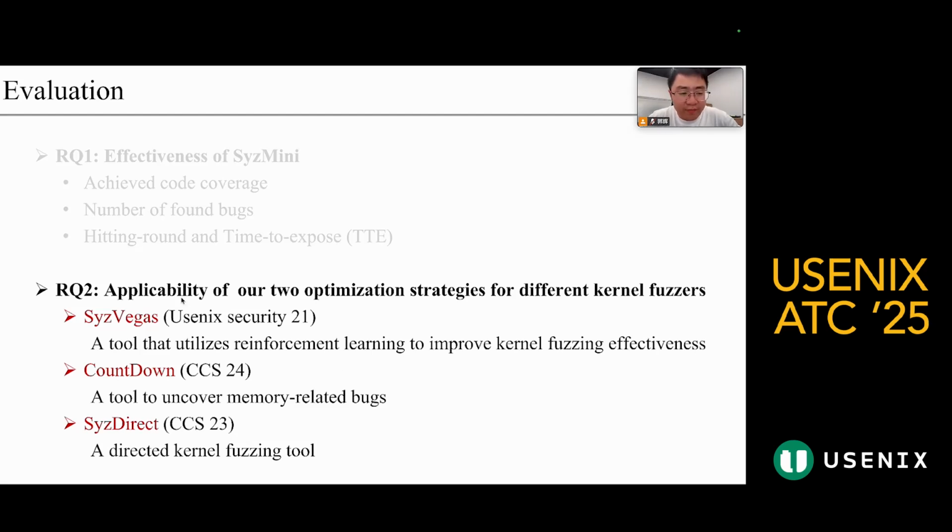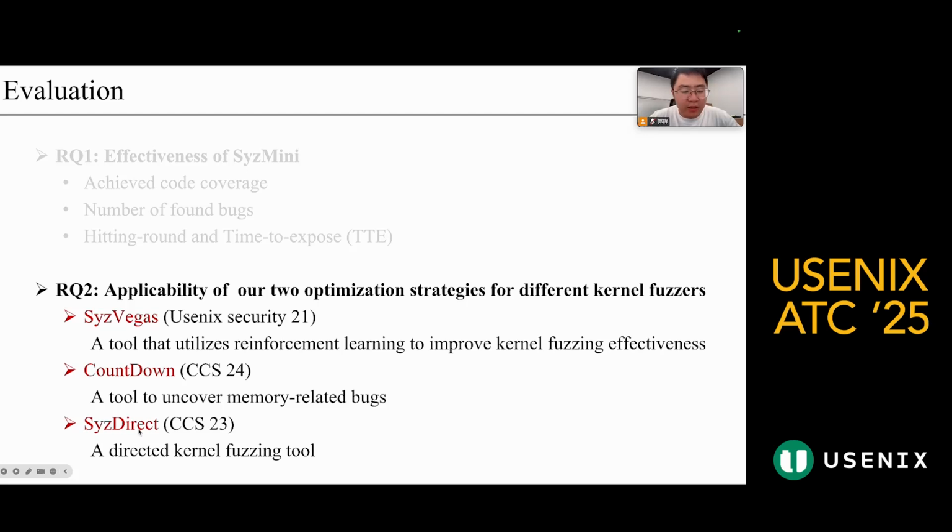We also evaluate the applicability of our two optimization strategies for different kernel fuzzers. Vegas is a tool that utilizes reinforcement learning to improve the kernel fuzzing effectiveness. Cutdown is a tool to find memory-related bugs.